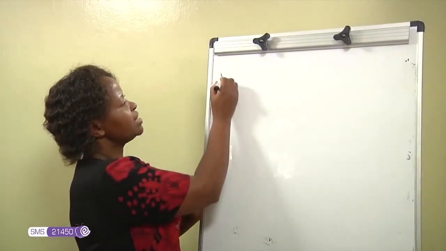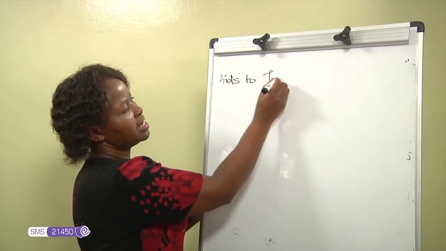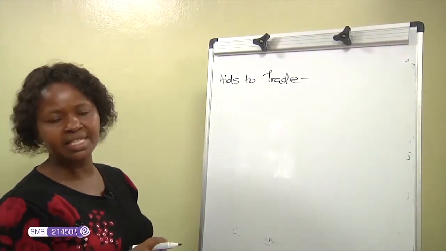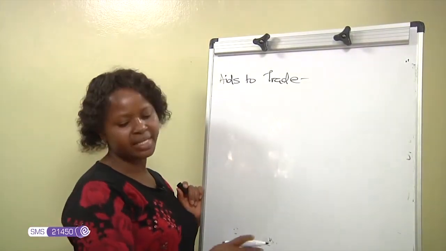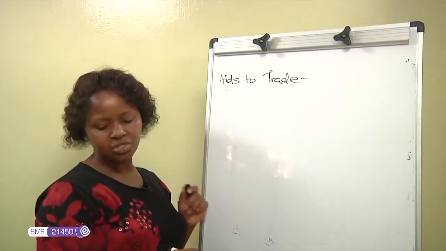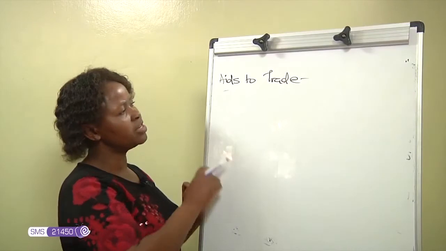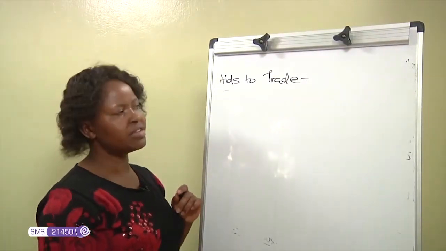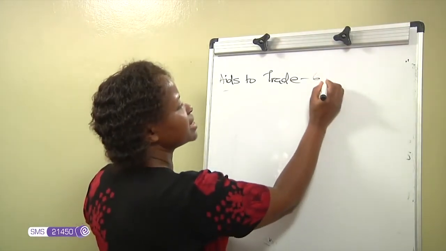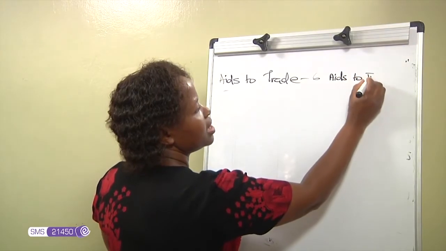On the other hand, we have aids to trade. These are human activities that facilitate trade to take place. Examples of these activities include transportation, distribution, communication, insurance, advertising, and generally we have 6 aids to trade.